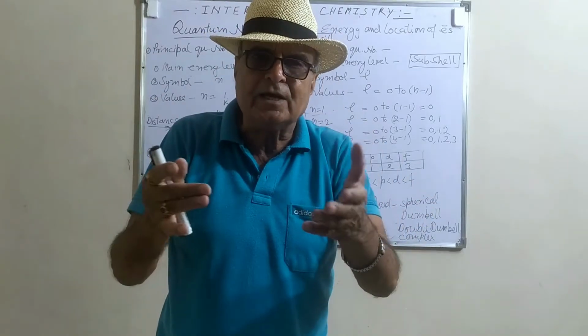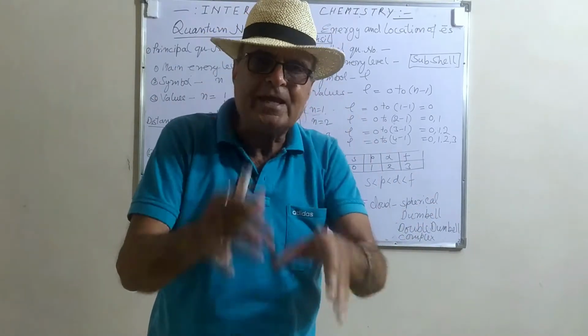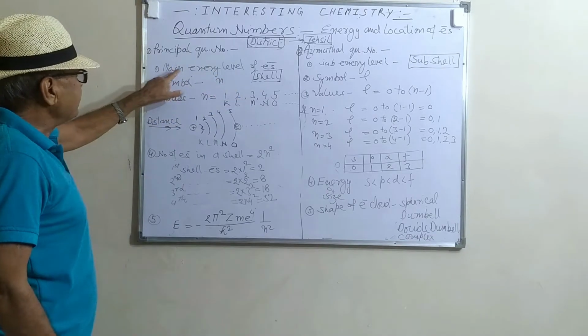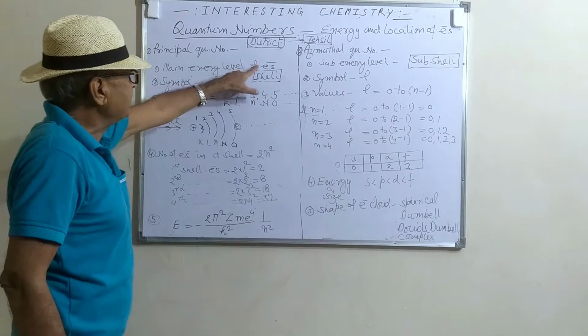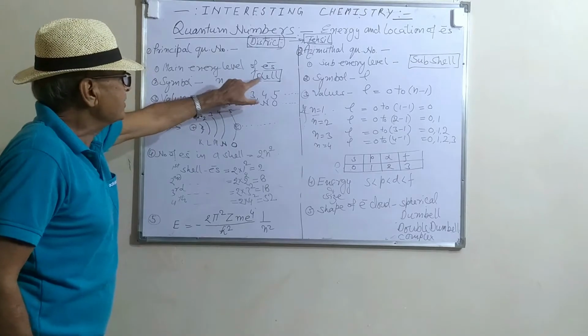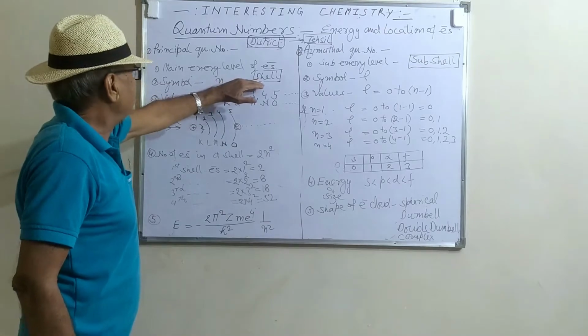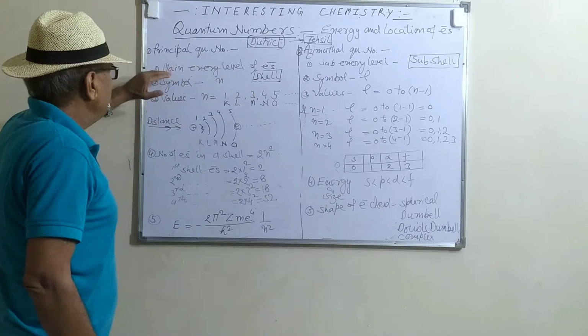So here we will name these orbits as shells. The main energy level of the electron is the shell. You can say this is a shell, and the shells are different.